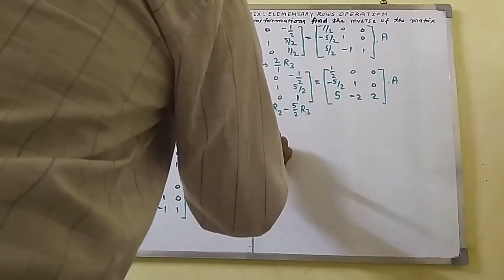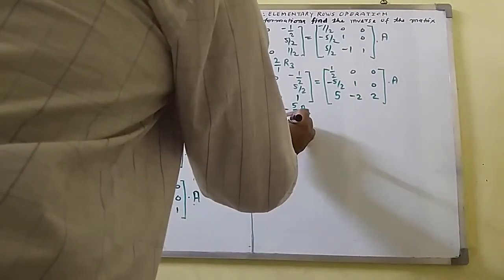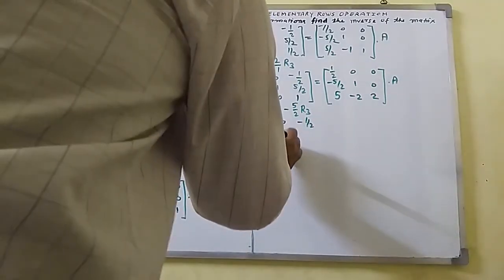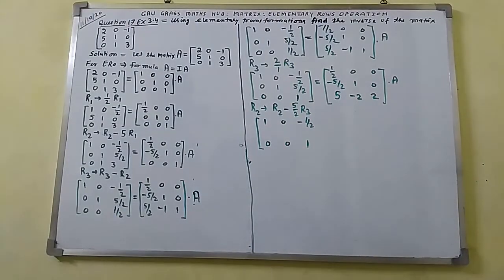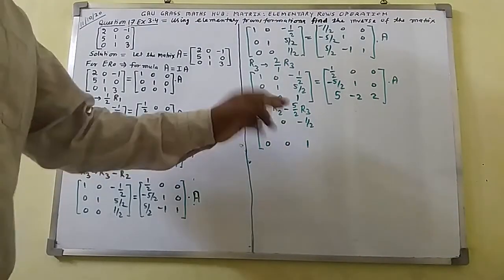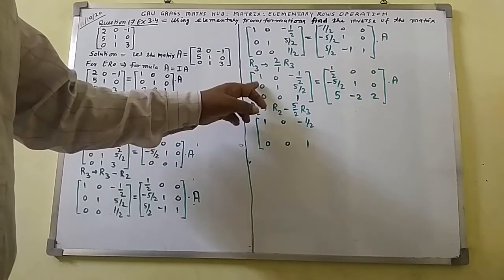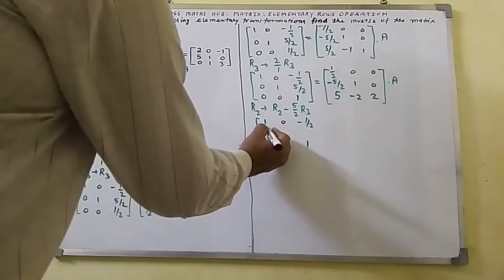So here you will get the elements of the first row written as it is: 1, 0, minus 1 over 2. The third row I shall write as it is: 0, 0, 1. And changes will occur in the second row only. So R2: if I take R2 as 0 minus R3 0, you will get 0.